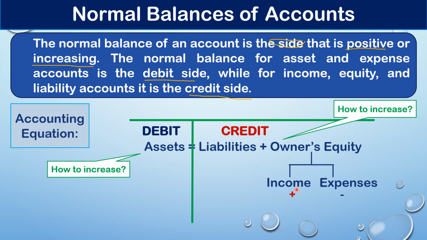Ang iyang normal balance is credit, kay si income makapadako sa equity. Karon, unsay makapadako sa equity? Under sa credit. Therefore, si income, credit. Karon, ang expenses, diba, makapagamay, makapa-decrease sa owner's equity. Therefore, dili siya credit. Instead, under siya sa debit balance. So, kung ang normal balance sa expenses, debit.